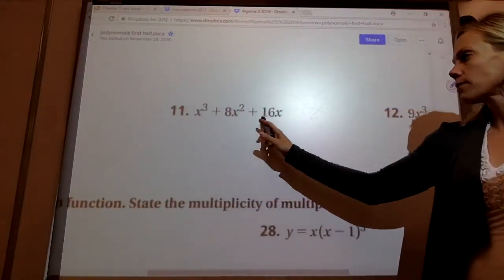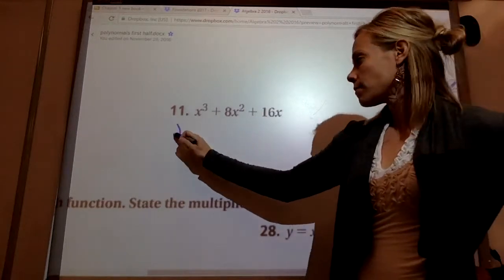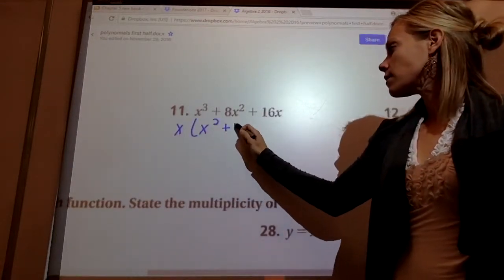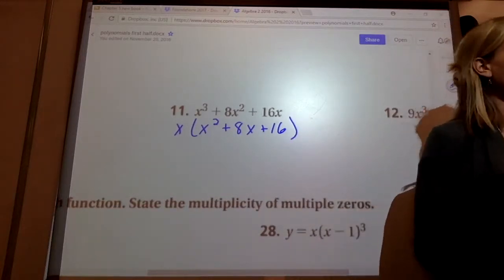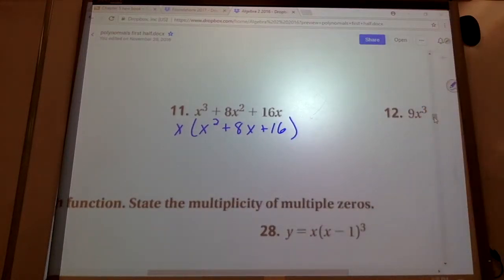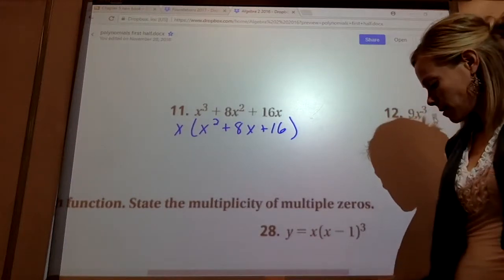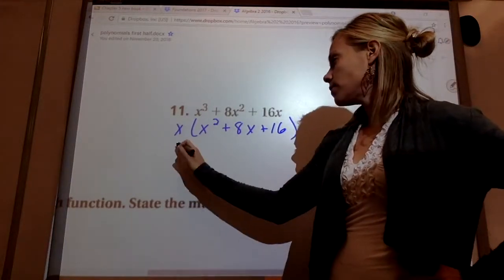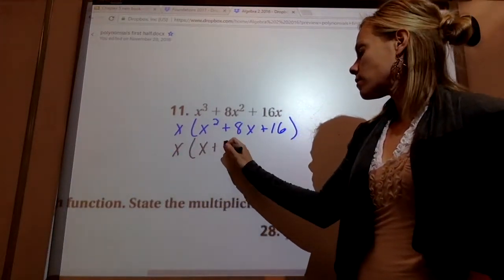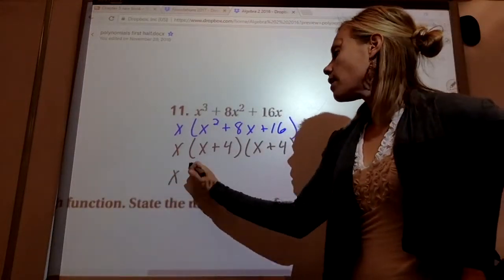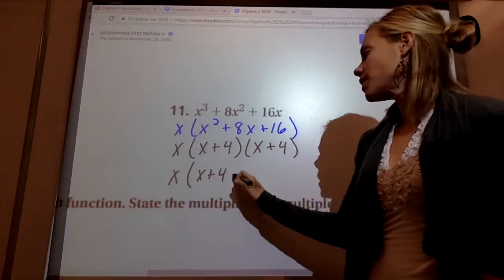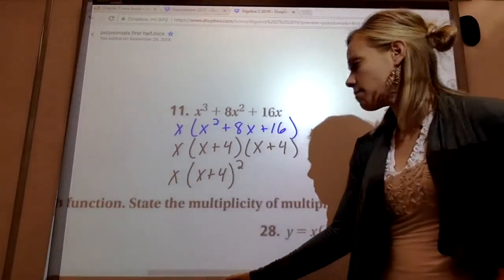What can I factor out of every single one? 2x. What do I multiply equals 16 but add equals 8? 4 and 4. Which I can say x squared and x plus 4 squared. Very good. This means I have multiplicity.